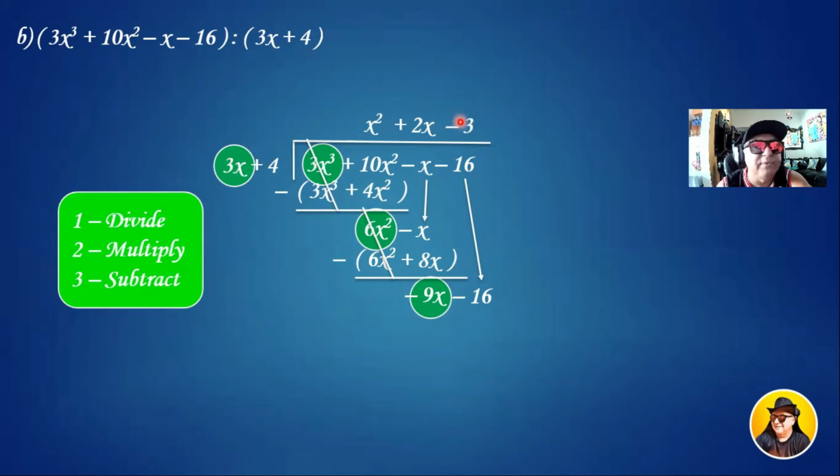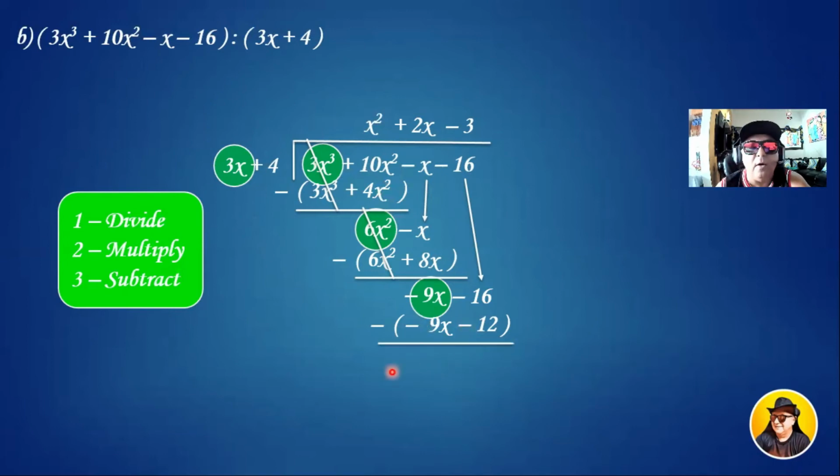Now let's take step 2. Let's multiply. Minus 3 times 3x is minus 9x. Remember, this minus here is because of step 3. All right, let's multiply. Minus 3 times plus 4, it is minus 12. Okay, but don't forget, this is plus 9x and this is plus 12.